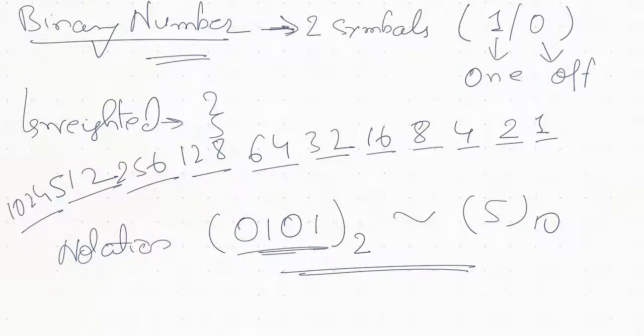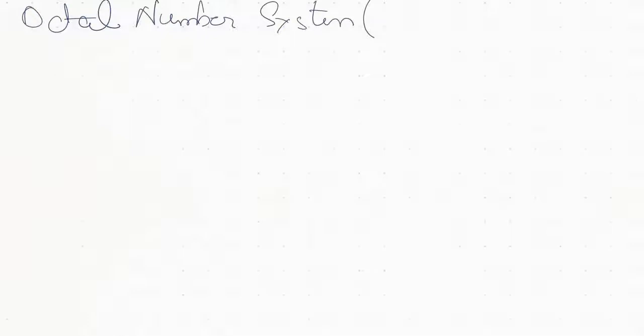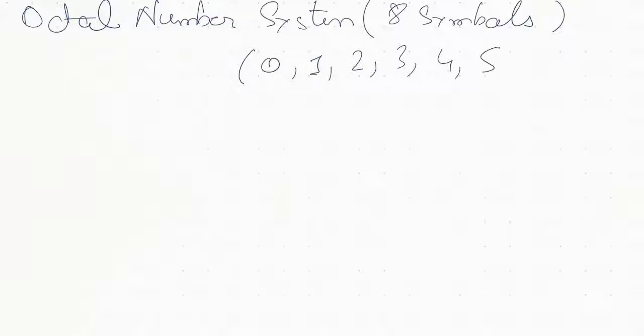So now let us talk about the octal number system. In the octal number system we have 8 symbols. What are these symbols? 0, 1, 2, 3, 4, 5, 6 and 7.